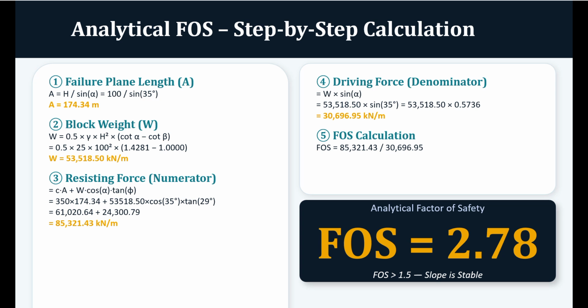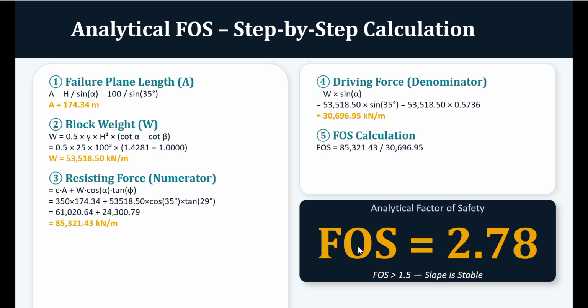In the ideal case, if the factor of safety is 1, it is stable. But in practical conditions we usually consider 1.3 to 1.5, and the factor of safety is 2.78 here. So there is no slope failure. But our ultimate agenda is not finding the factor of safety. We are going to compare the numerical method and analytical method.